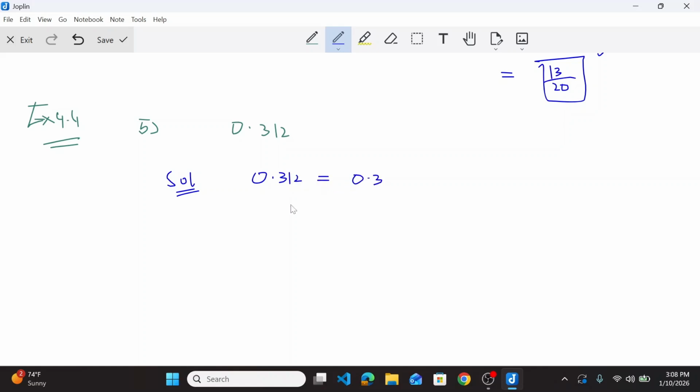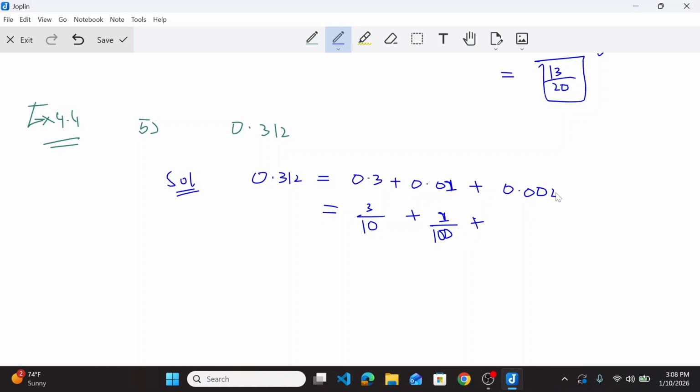0.3, the 3 is on the 10th place, so 0.3, and the 1 is on the 100th place, so it becomes 0.01, and the 2 is on the 1000th place, so it becomes 0.002. So next we have 3 by 10. Now we have 1 by 100.